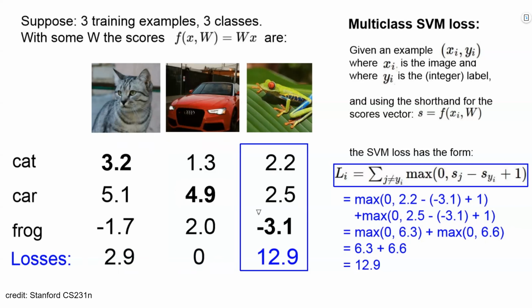And in the third case, we need to compare minus 3.1 with 2.5 plus 1, 2.2 plus 1, and the gap between these two numbers and these two numbers becomes the loss. And after that, we're going to add all these three numbers and take the average. That is going to be our final loss.